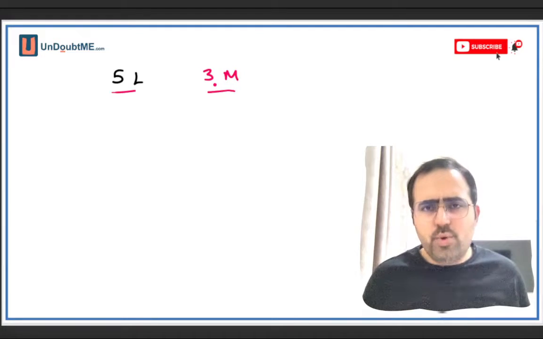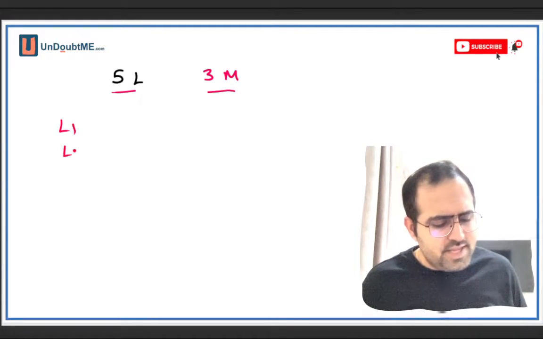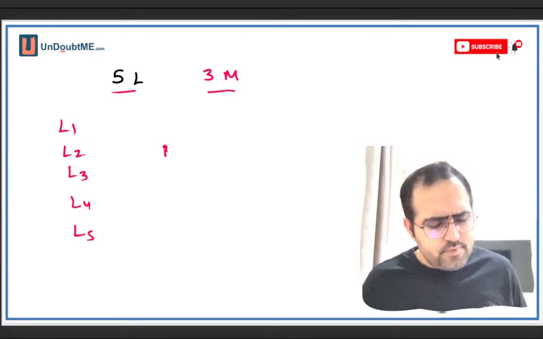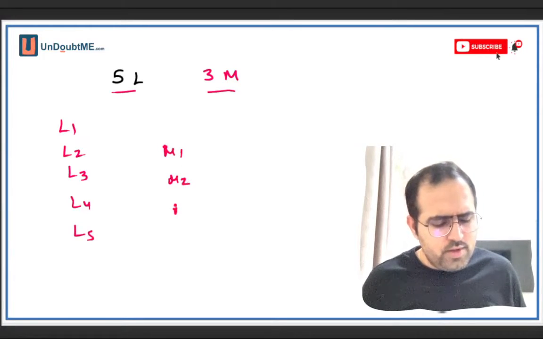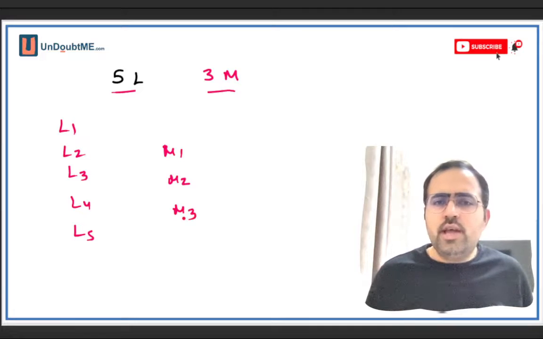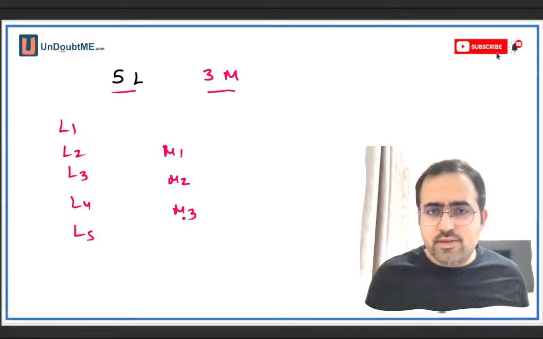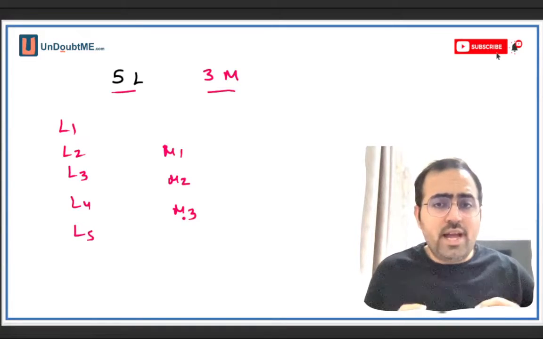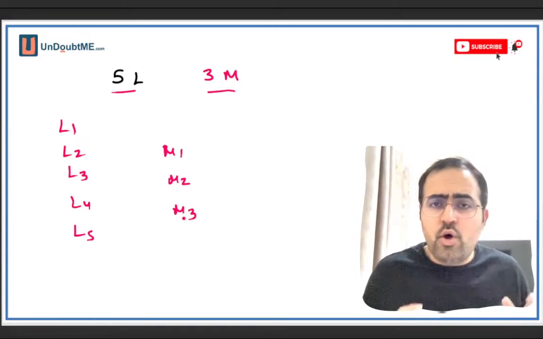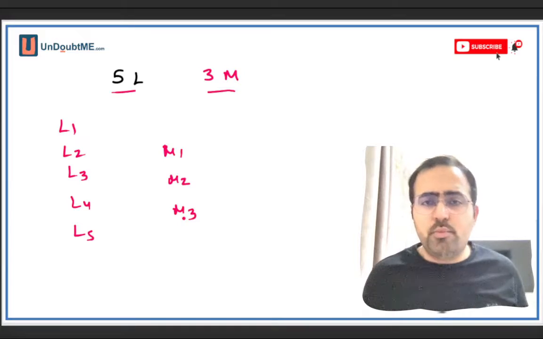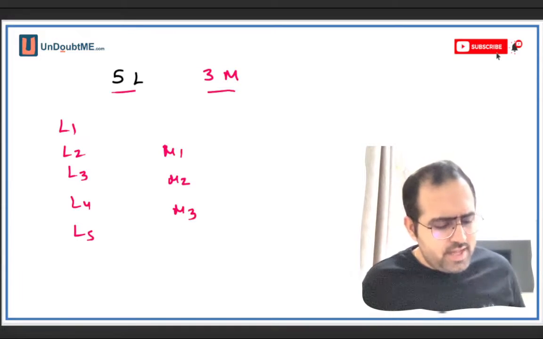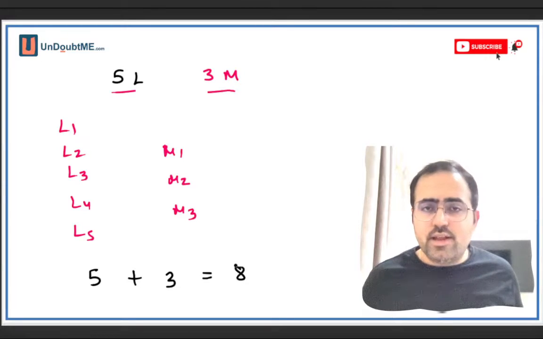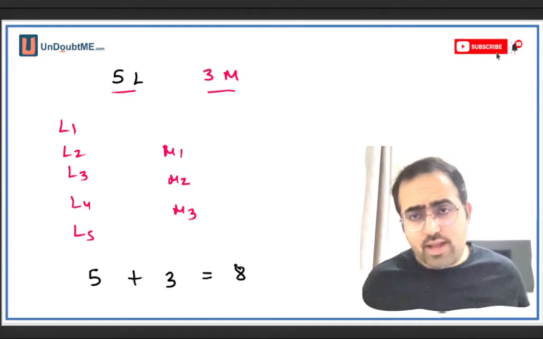It is very simple to understand that if I just list L1, L2, L3, L4, L5 and M1, M2 and M3, then I will have 8 options because I will be buying either of them. Either of them means I will be buying any one of the laptops or any one of the mobile phones. So in that case we do 5 plus 3, and that gives me 8, which you can see on the screen as well.